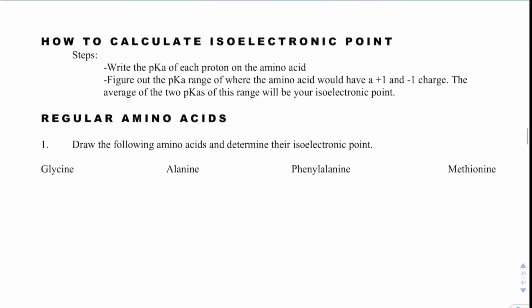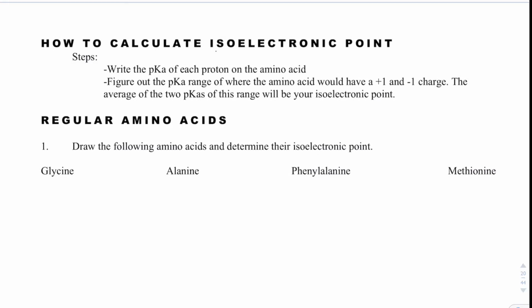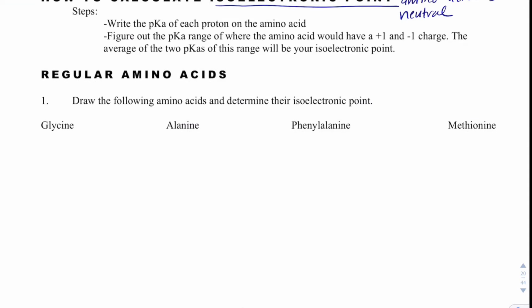So what I want to do is calculate the isoelectric point, and that's specifically the pH where the amino acid is neutral. If you have done gel electrophoresis, it would not move in an electric field. And so what we would do is we would draw glycine, and so glycine looks like this.